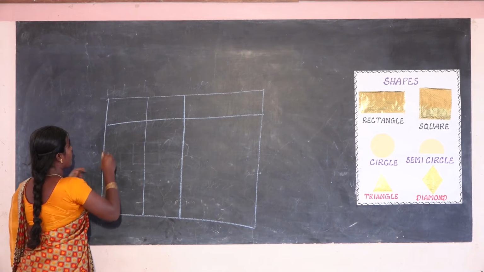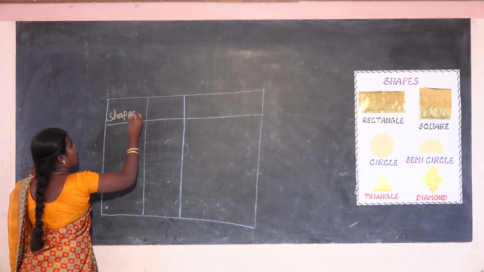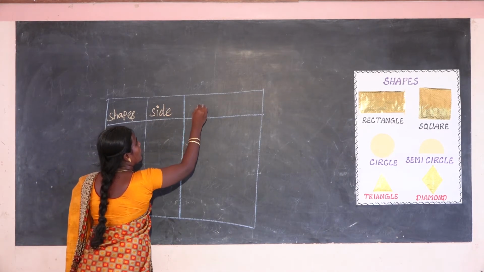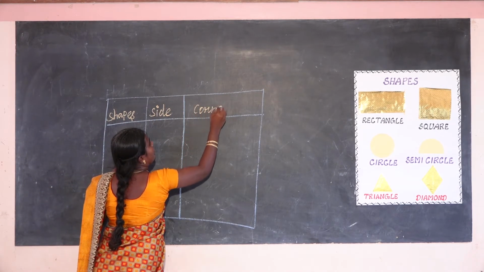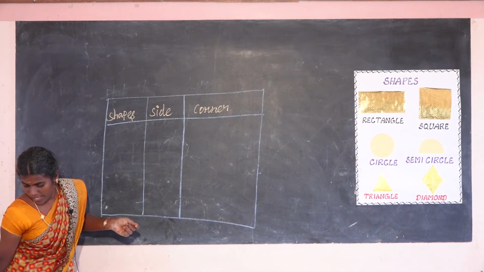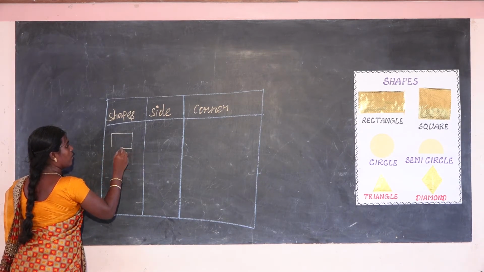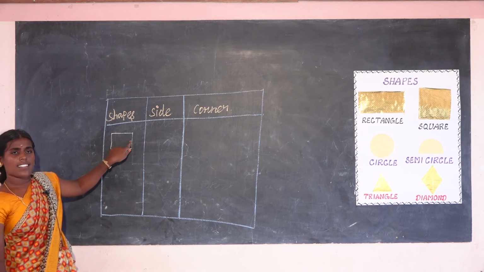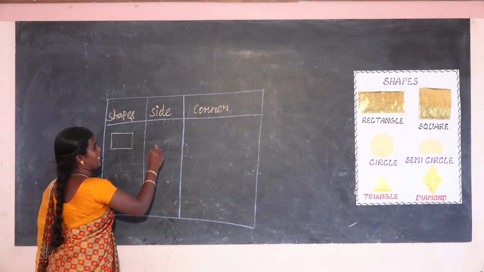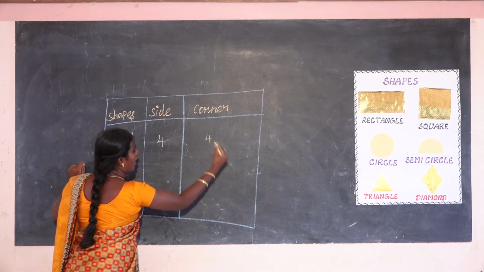Okay, so first: shapes, side, corner. Yes, the first one is what? The first one is square. It has how many sides? How many? 4. Yes, 4 sides. How many corners? 4 corners.